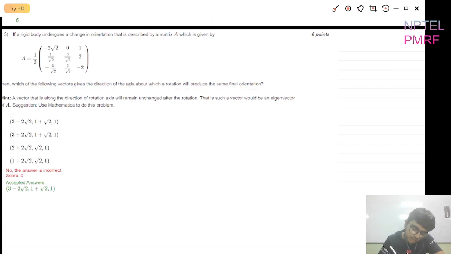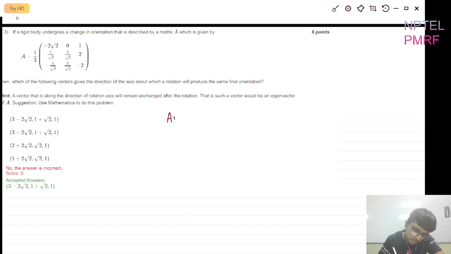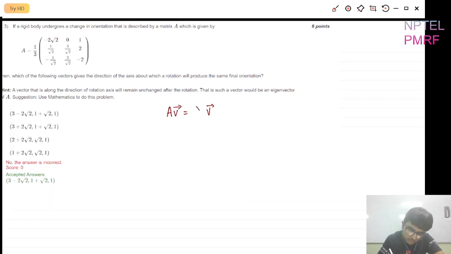So what we are asked is that a matrix operates on this vector, but the direction does not change. Maybe the magnitude does, but this is the same as saying that V is an eigenvector of A, right? And indeed, they have given the hint also: a vector that is along the direction of the rotation axis would be an eigenvector of A.